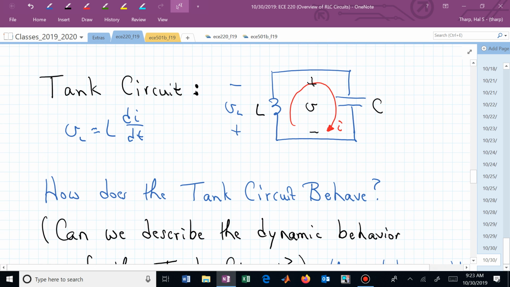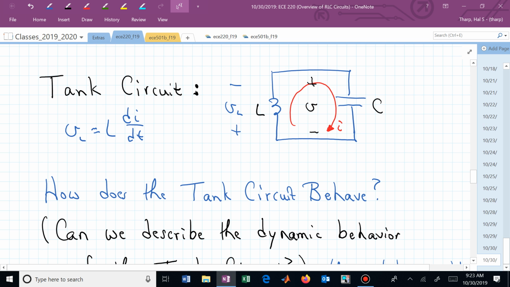So the question was, are we ever going to have negative L di dt? It depends on the reference of your current, how you've defined your current, and how you want to label your circuit. Typically, if we do the passive sign convention, PSC, as we said in the early part of the semester, then you draw your inductor, label it with the plus minus and the current going into the plus terminal.